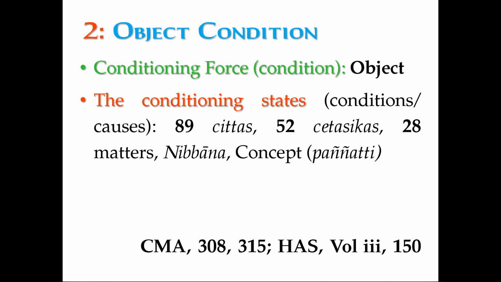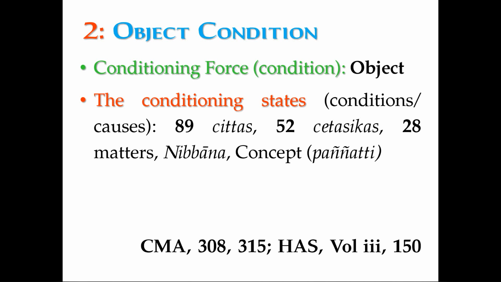Apart from cheta, chetasika, rupa, Nibbana, concept, is there anything else? No? That's all, right? These are all in Abhidhamma. The 7 Abhidhamma texts try to analyze these five: cheta, chetasika, rupa, Nibbana, concept.